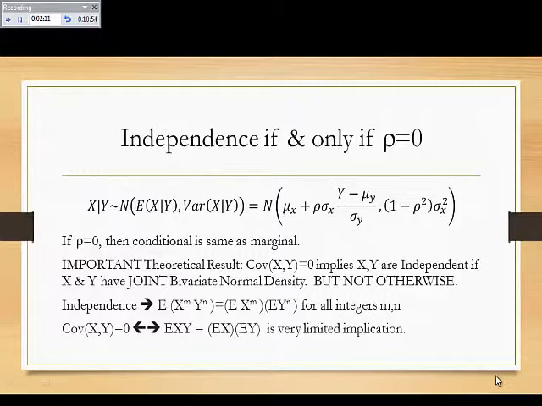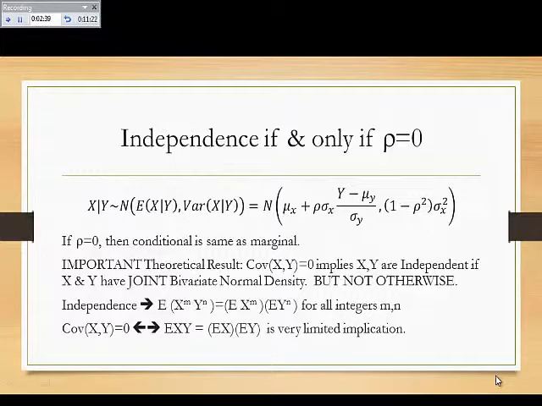Now this is a very deceptive result, and people are very confused by this all the time, and it seems very likely that this confusion will persist, because this is a very special result. It only holds when x and y have joint bivariate normal density. In general, it is not true that covariance 0 implies independence, but for bivariate normals, it implies independence.